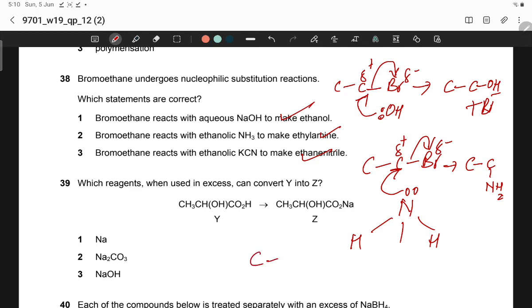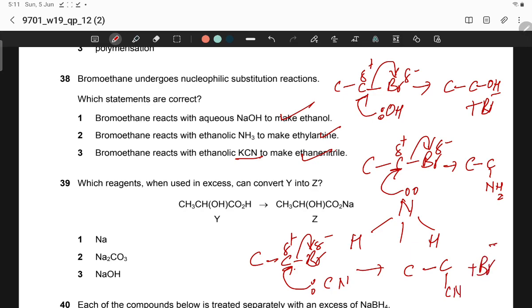Like CCBr, partial positive, partial negative, KCN, CN to form CC cyanide plus Br negative. So this is also correct. A option is correct.